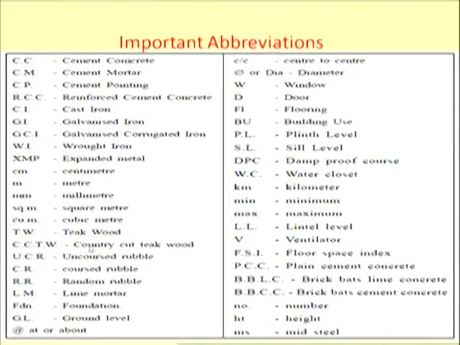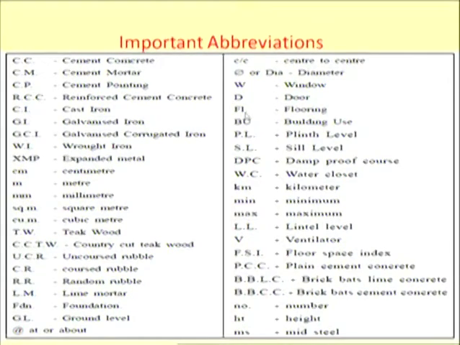CC, TW, country cut teak wood. UCR, uncoursed rubble masonry. CR, coursed rubble masonry. RR, random rubble masonry. LM, the lime mortar. FDN, foundation. GL, ground level. In the central line, CC, the diameter. W, window.